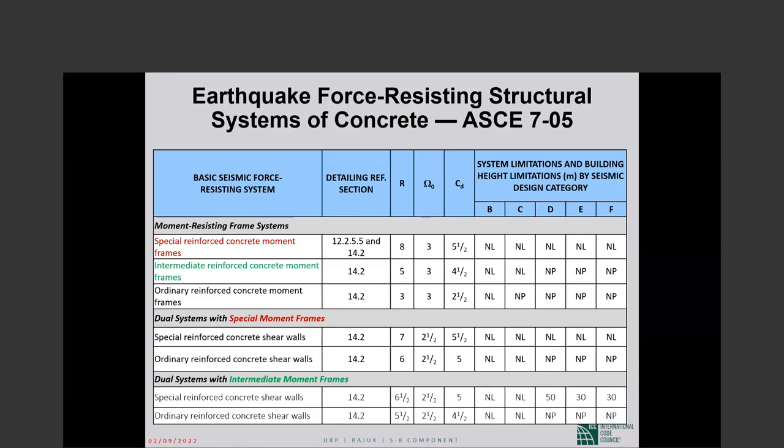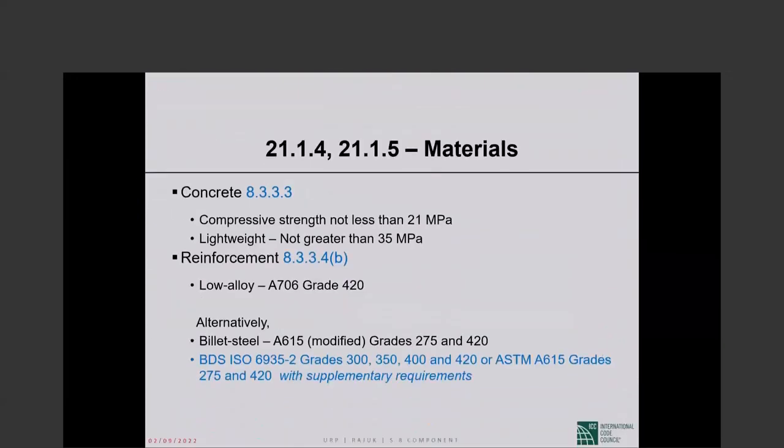Dual systems can have special moment frames, or they can have intermediate moment frames. So this is the area of application of moment frames, and you have the seismic design parameters, R, omega sub 0, C sub d, given in table 12.2-1.